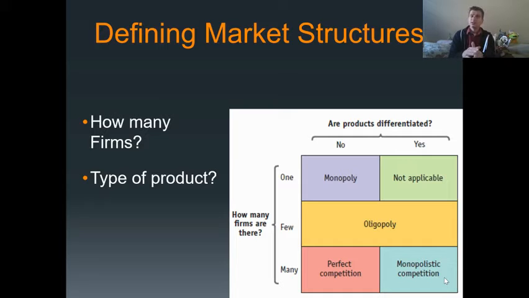In an oligopoly, they might be differentiated, they might not. It doesn't matter. Once again, this distinction matters much more when it comes down to perfect competition and monopolistic competition. It's really the main difference between the two. Perfect competitors have identical products. Monopolistic competitors have differentiated products. They're similar, but you can tell the difference.